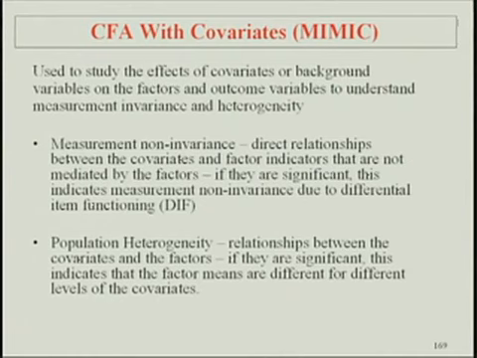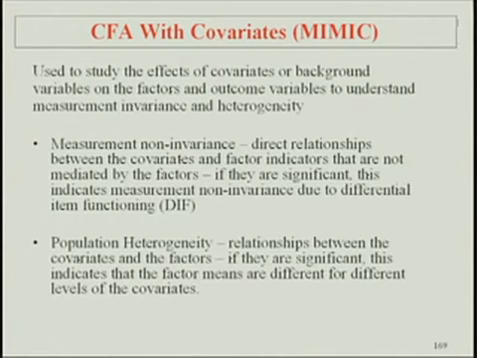So not the one that goes through the factor, but the one that goes directly from x to y. If they're significant, then that means that we have measurement non-invariance due to differential item functioning. So that's what we want to look at in the MIMIC model.